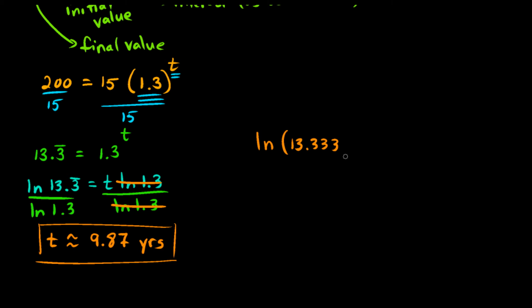Because if you don't close the parentheses and you do the division, it's going to do 13.3 repeating divided by the ln of 1.3, and then it's going to take the natural log of that. We don't want that. So you have to close off that parentheses, then hit division, then hit ln again, then 1.3, and you close that off again, and then hit enter.